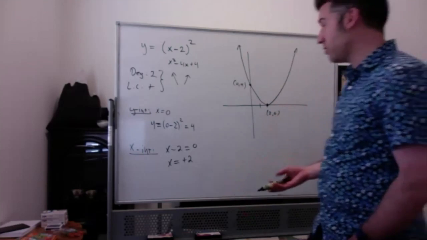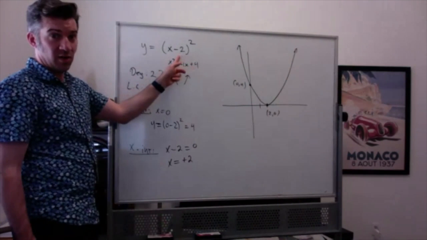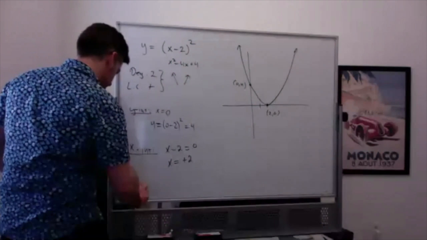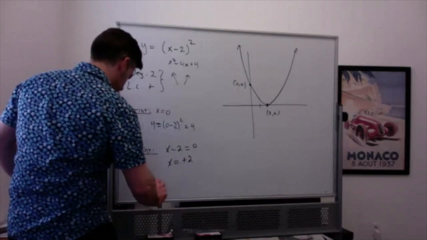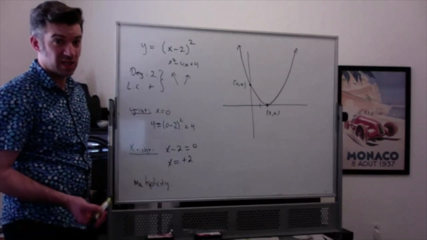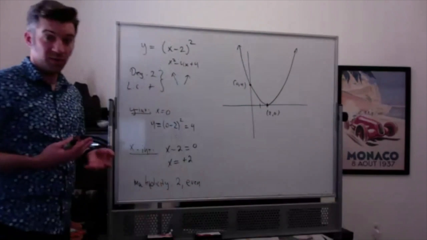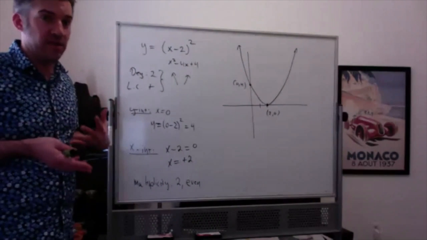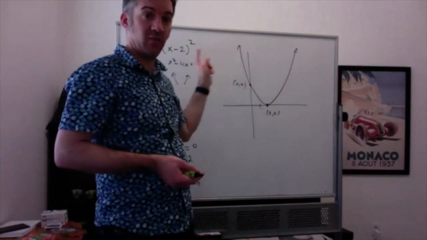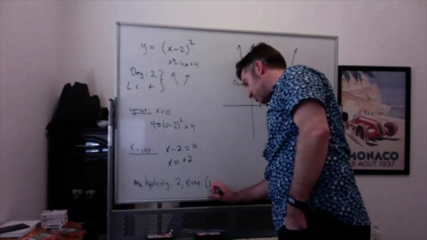I want to point out that this x-intercept came from this factor, which has what power or multiplicity? The multiplicity is 2, which is even. And when the multiplicity of your x-intercept is even, you bounce off the x-axis instead of crossing through it. So that means we're going to bounce.